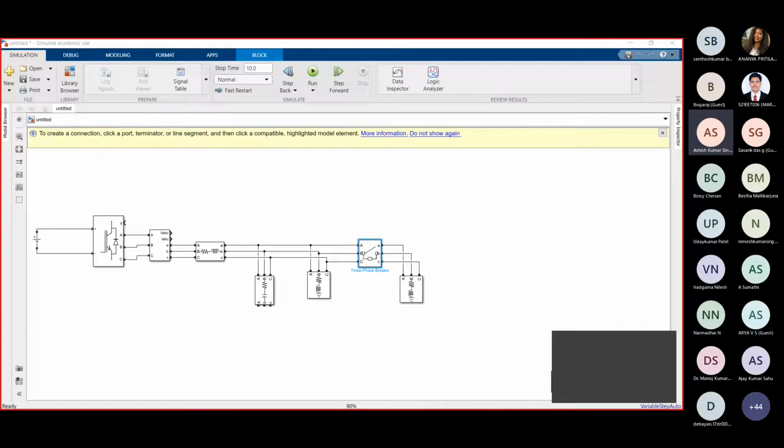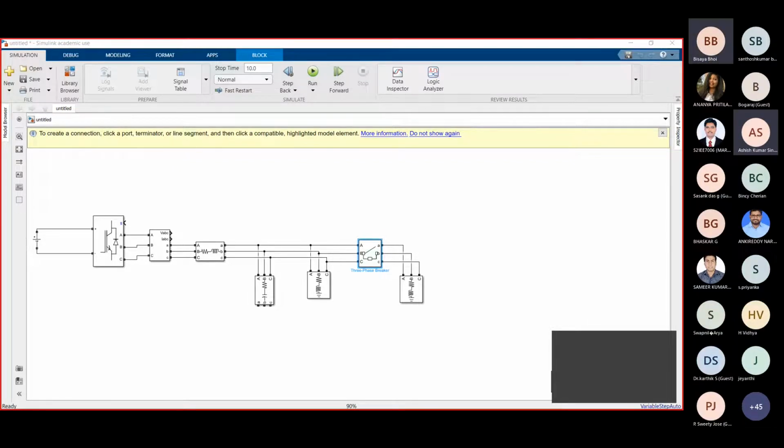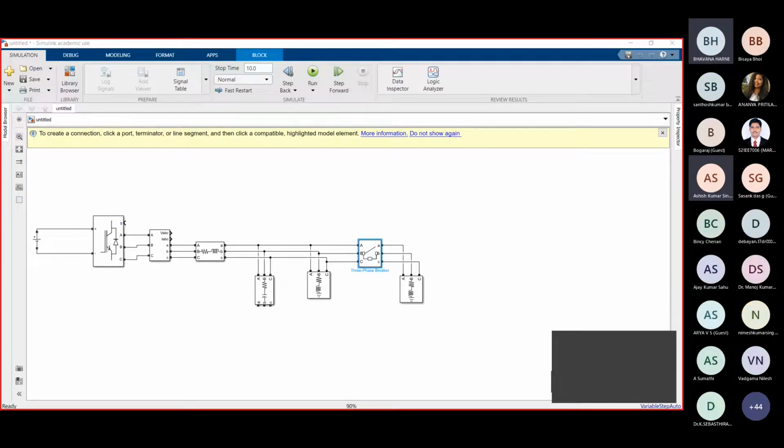Hello? Sir, it is not visible. What you were showing is not visible. Sir, voltage control and current control are not visible. Now is it visible? I will open the block. No problem. Yeah, we can see the untitled file only.